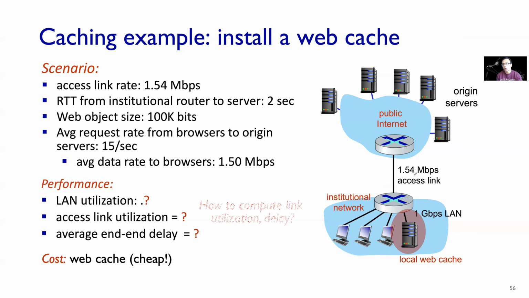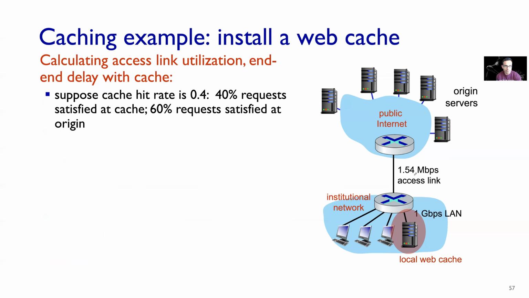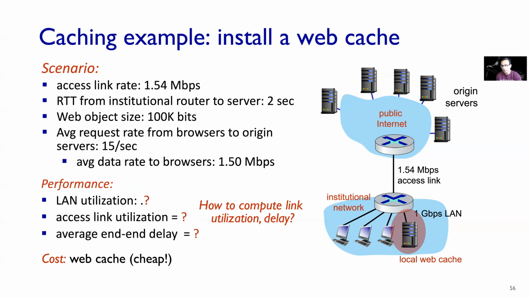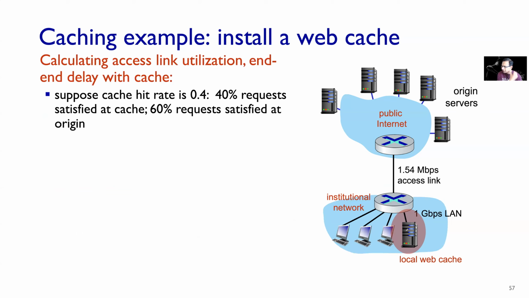So now the question is, how do we even work this out, right? How do we actually mathematically solve this problem? There's something missing here essentially, and that is how many objects can we actually service from the cache. So in cache terminology, this is referred to as the hit rate, right? In other words, how many of those 15 requests per second that were going out can be locally serviced from the cache.